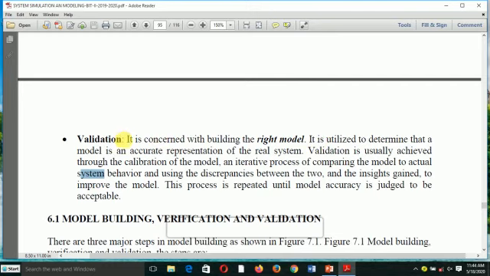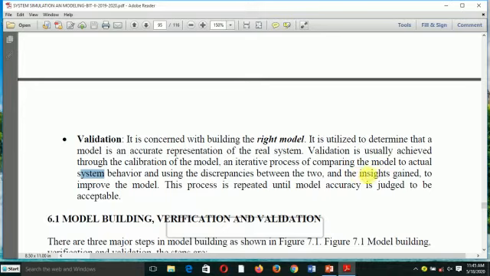If we are modeling a bank, you are going to see the simulation. The computer reflects how the bank really works in the field. So you are going to see the difference between what you have in your computer and how the bank really works.